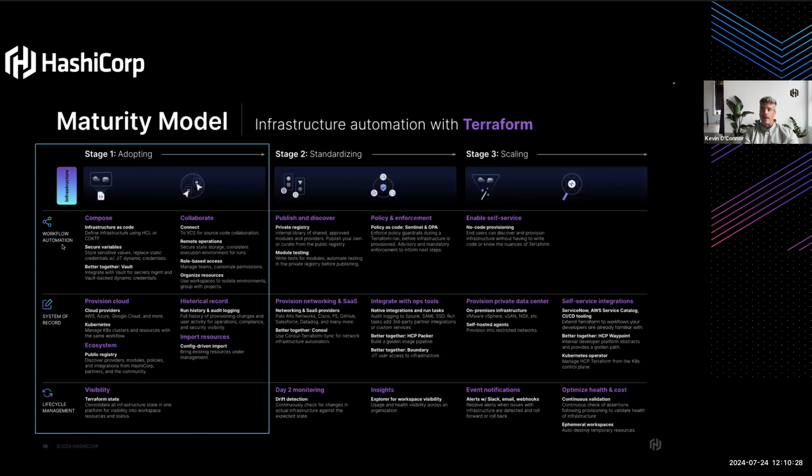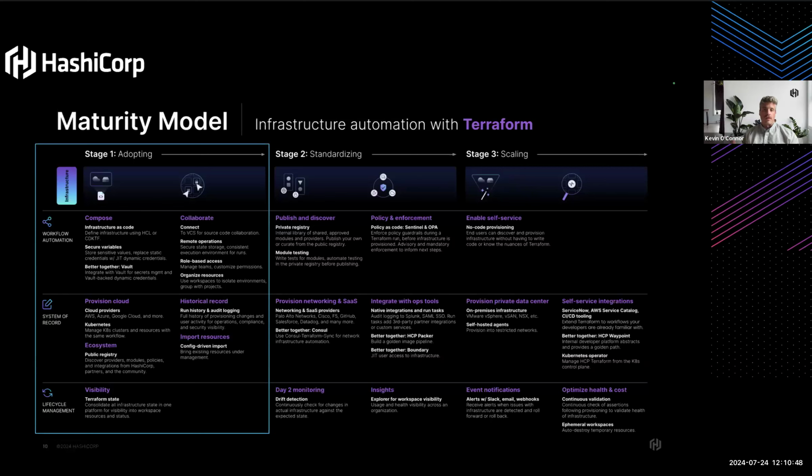The first is creating that best-in-class provisioning workflow. The second is establishing Terraform as the system of record across all of your IT systems and workflows. And then the third is using that system to support the end-to-end lifecycle management of your managed resources.